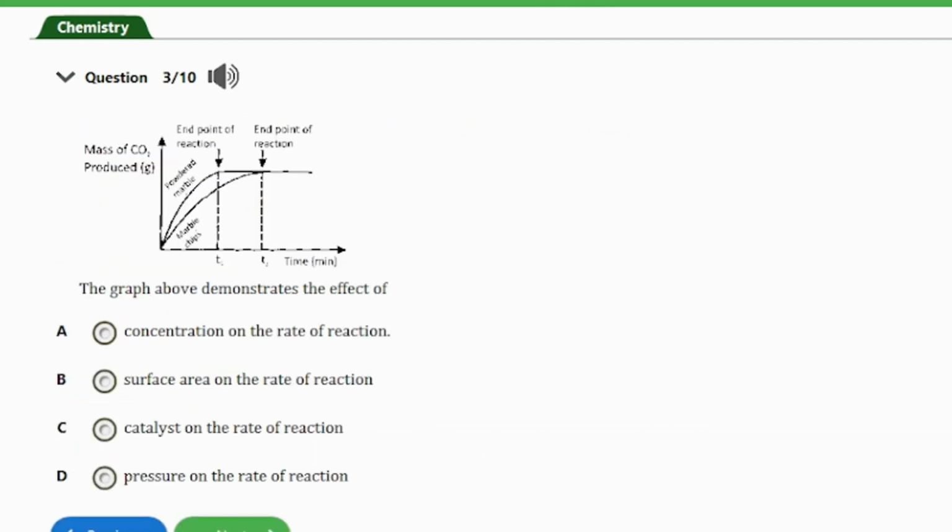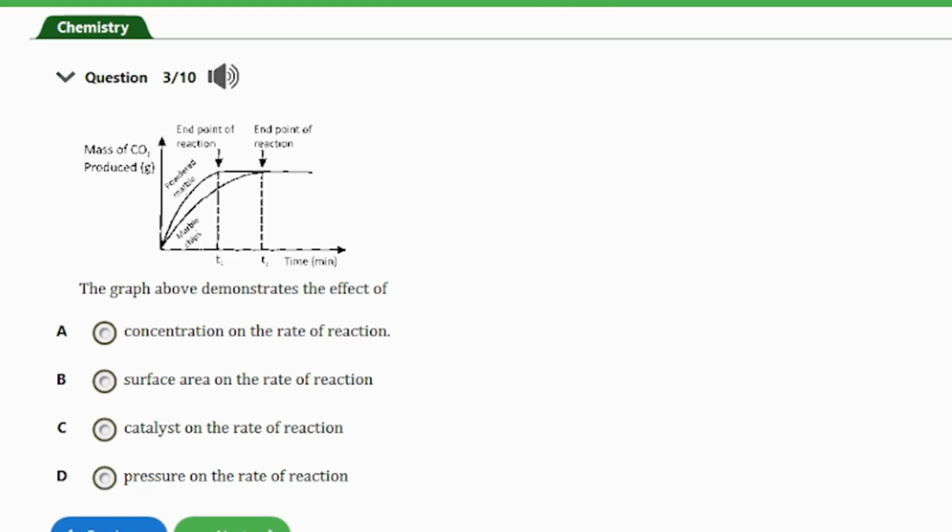Question number 3. Here we'll also have a diagram. So the question says the graph above demonstrates the effects of A, concentration on the rate of reaction, B, surface area on the rate of reaction, C, catalyst on the rate of reaction, D, pressure on the rate of reaction. So guys, we see here the mass of carbon dioxide produced and then the time taken. So we see the curve here showing the end point of the first reaction and the end point of the second reaction.